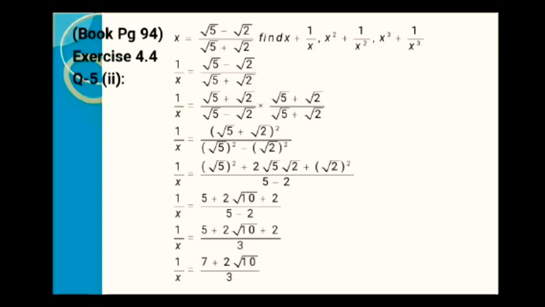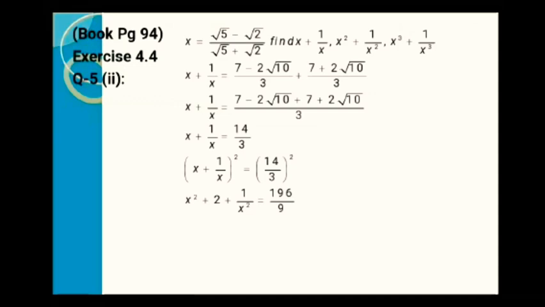After simplifying, 5 plus 2 under root 10, as 5 and 2 will be multiplied in a single under root. And under root and square will be cancelled, you will get 2. 5 plus 2 will give you 7 plus 2 under root 10 divided by 3. This is the value of 1 over x. Now students, the method of rationalization is over because we have the rationalized values of x and 1 over x.